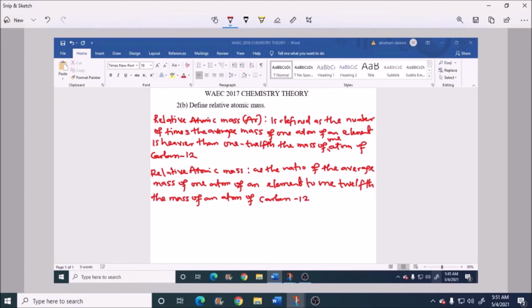So it can be defined as the ratio of the average mass of one atom of an element to 1/12 the mass of an atom of carbon 12. Also, we can still have relative atomic mass defined as the average.